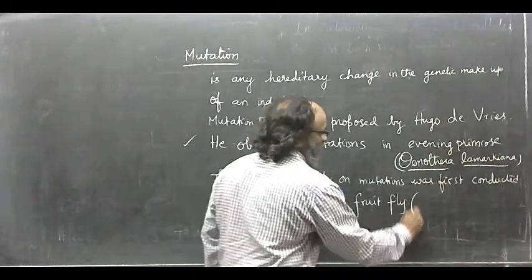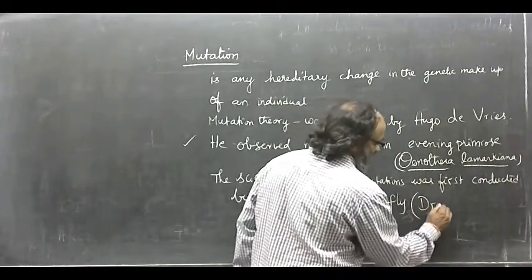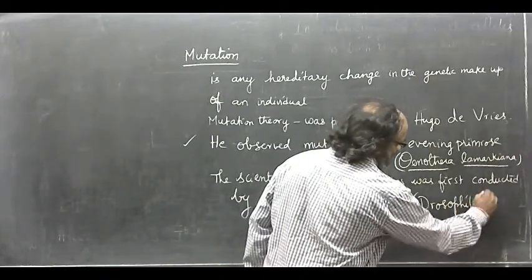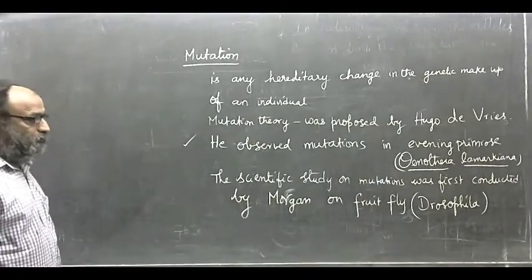The scientific name of fruit fly is Drosophila melanogaster.